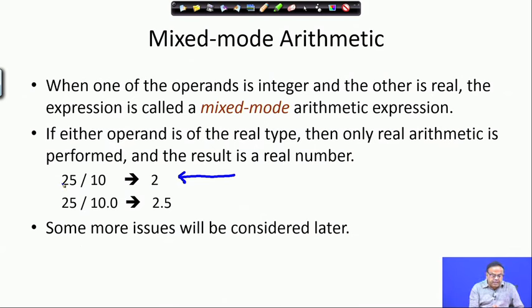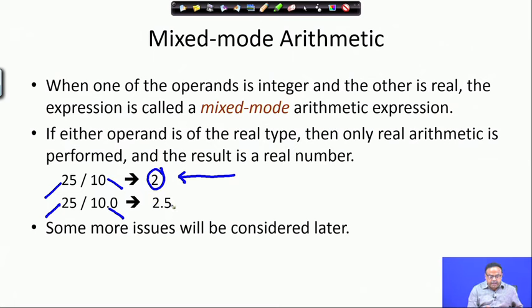Both operands are integers. Therefore, when I divide them, I get an integer quotient or integer result. Whereas, if even one is real, then the result will be real.